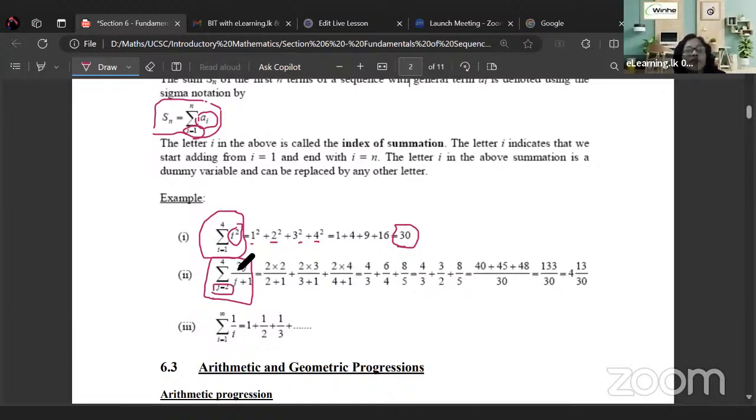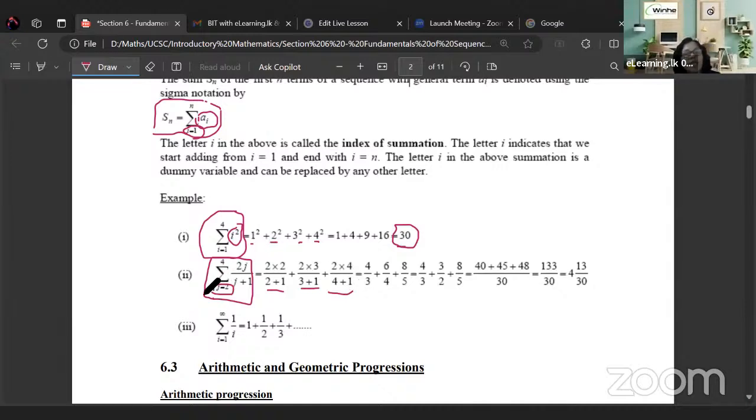Then 2 into 2 divided by 2 plus 1 when j equal 2. When j equal 3, 2 into 3 divided by 3 plus 1. When j equal 4, 2 into 4 divided by 4 plus 1. Right?